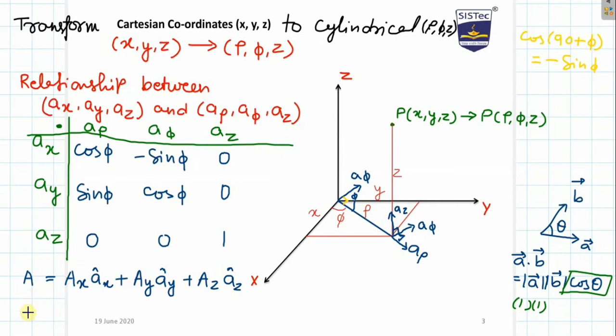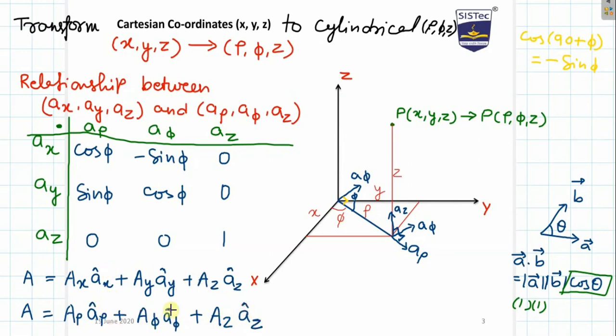Similarly, if I have to write this vector A in cylindrical coordinates, what will we write? I will write A rho in the direction of rho, so the unit vector will be according to it. Now A phi in the direction of phi and Az in the direction of z.